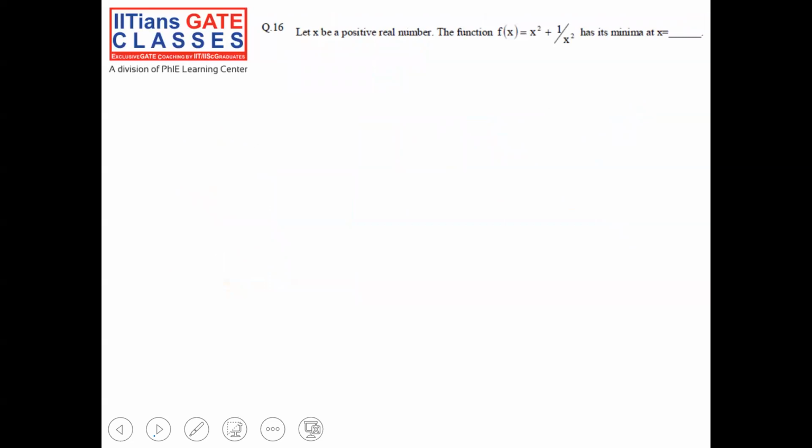Coming towards the next question. This is again for 1 mark from the calculus topic, especially from minima and maxima. Let x be a positive real number, then the function f of x equal to x square plus 1 divided by x square has its minima at x equal to what?